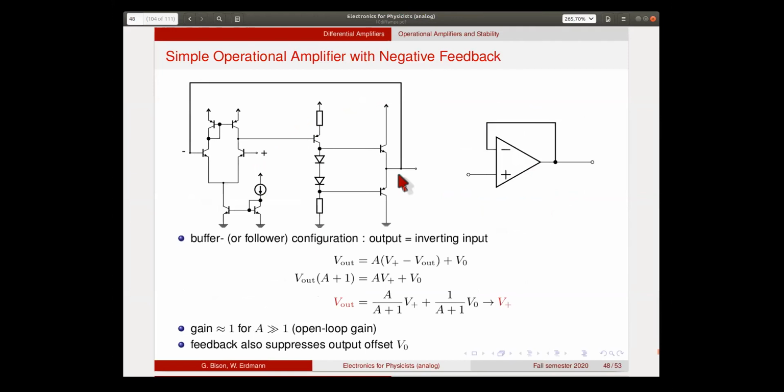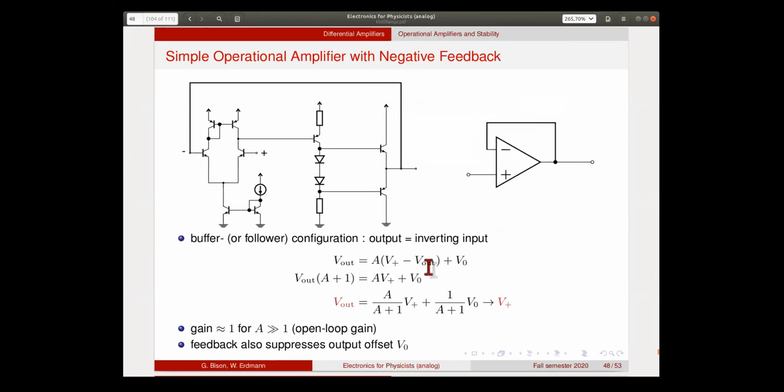So we now make a feedback connection from the output to the inverting input, and we only use the non-inverting input. And this is called a buffer configuration. So what happens here is now the output voltage is given by amplification times V plus minus the output voltage.